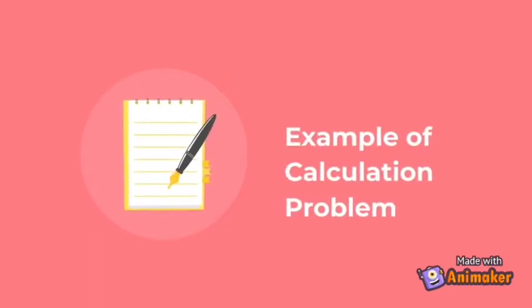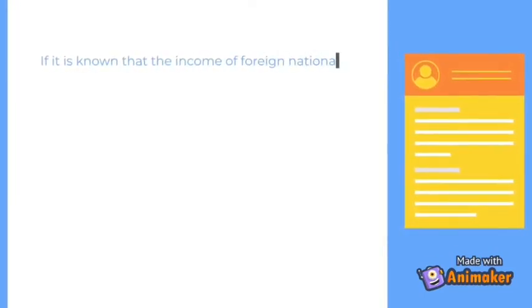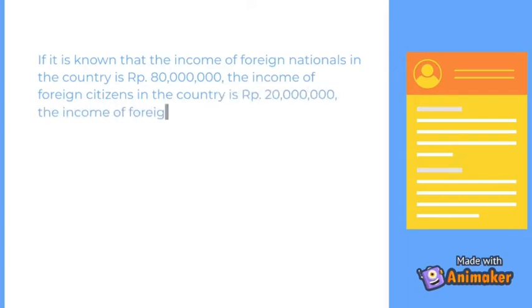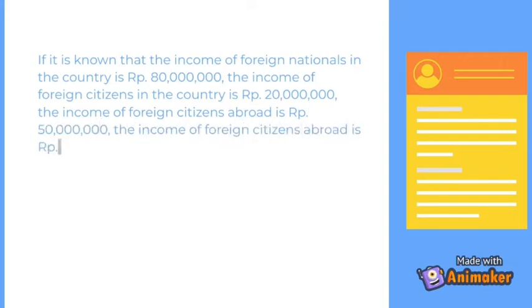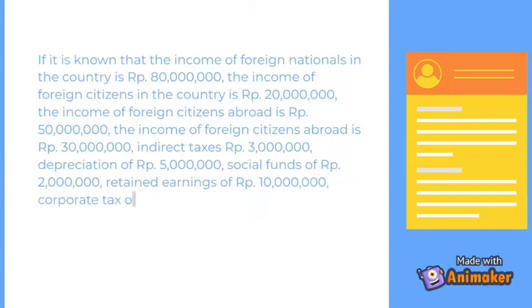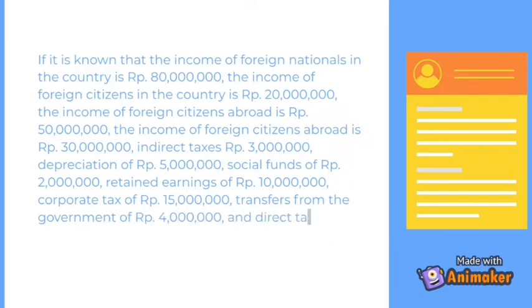Example of calculation problem. If it is known that the income of foreign nationals to the country is Rp. 80 million, the income of foreign citizens in the country is Rp. 20 million, the income of foreign citizens abroad is Rp. 50 million, the income of foreign citizens abroad is Rp. 30 million, indirect taxes Rp. 3 million, depreciation of Rp. 5 million, social funds of Rp. 2 million, retained earnings of Rp. 10 million, corporate tax of Rp. 15 million, transfers from the government of Rp. 4 million, indirect taxes of 7 million Indonesian rupiahs.